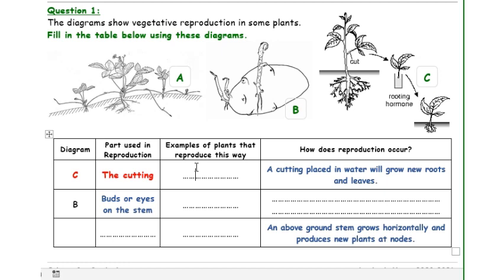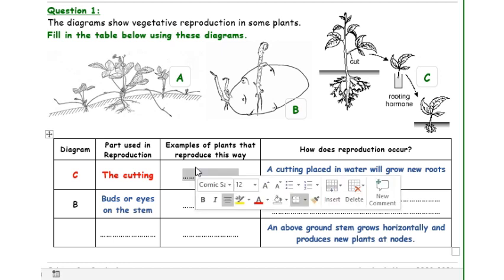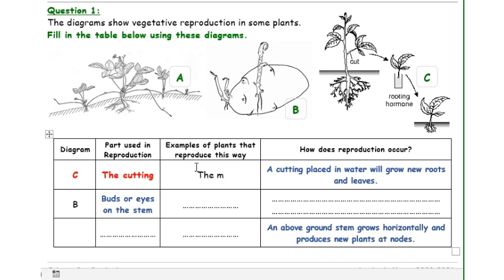You saw in the lecture video that the mint plant or the geranium plant can reproduce this way. So I'll choose the mint plant as an example.